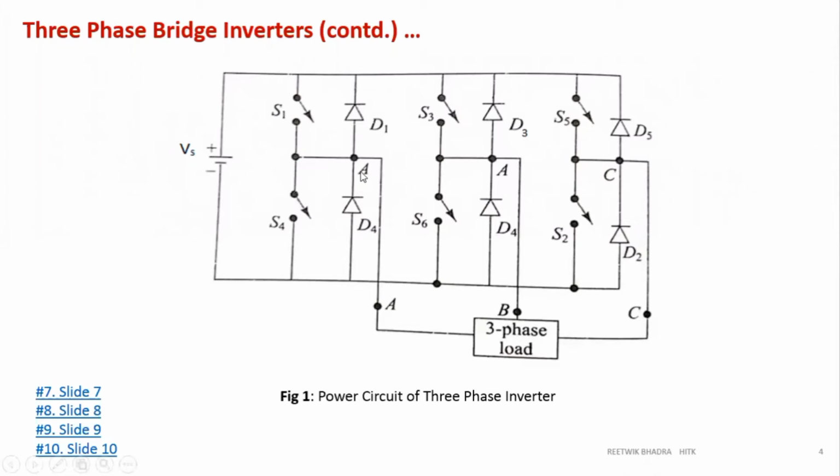So 1 is connected to A phase, and all odd numbers are the positive group, right? Because it is connected to positive. So S1 is connected to A, S5 connected to C, and S6 connected to B. Don't go by this name, this is B, okay? S6 is connected to B, but S6 is an even number connected to negative, so minus B. So A positive, C positive, B phase is negative, and I'll take a star connected load.